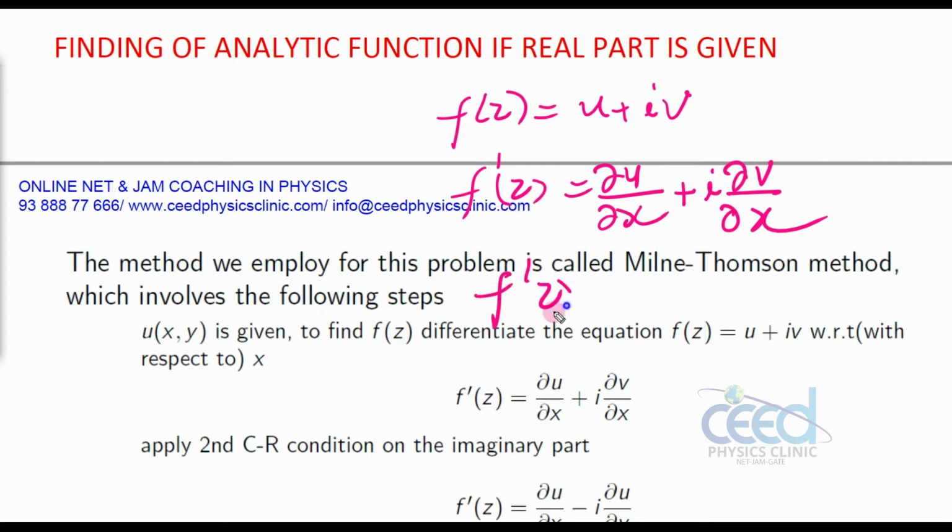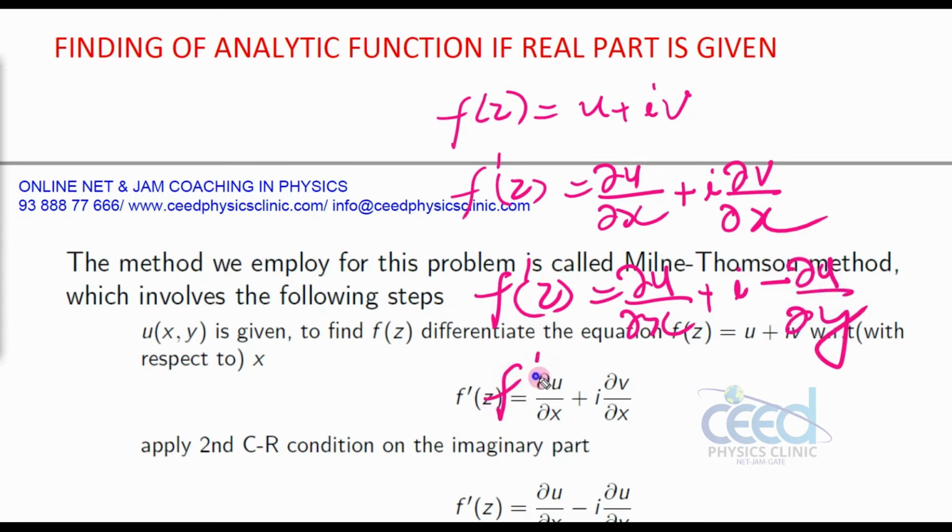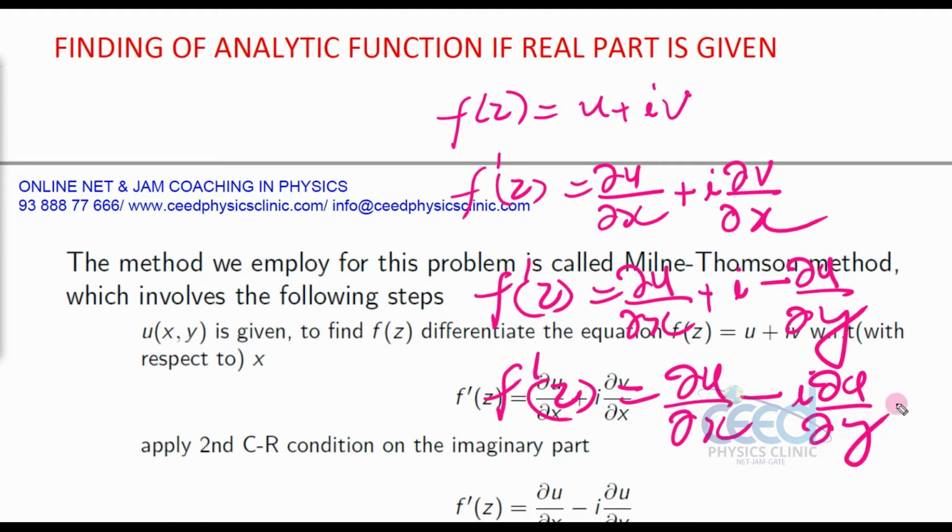So f dash z is dou u by dou x minus i dou u by dou y. Here we removed the imaginary part and converted the derivative of the complex function into terms of the real part u only.